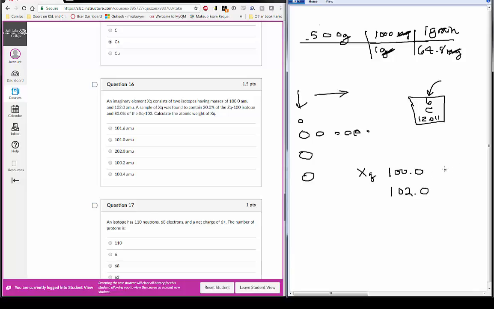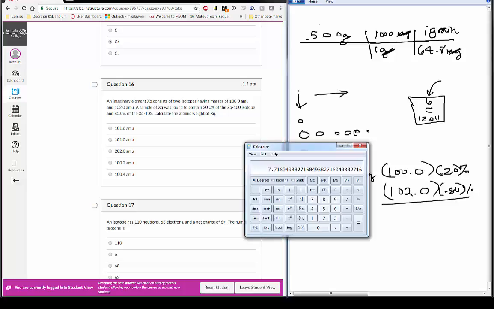If you've got 20% of this and 80% of this, then in order to calculate the atomic mass weighted for abundance, we're going to multiply 100 by 0.2, 102 by 0.8, that's the fraction, and then add them together. So 0.2, that's 20% of 100, plus 0.8, that's 80% of 102, gives me a sample with an average mass of 101.6.